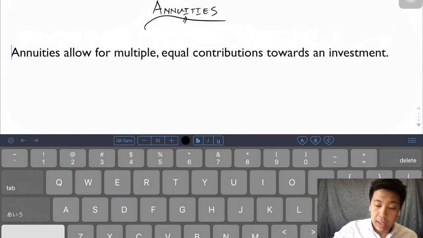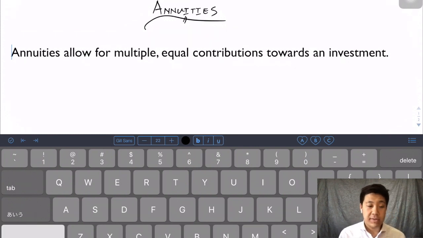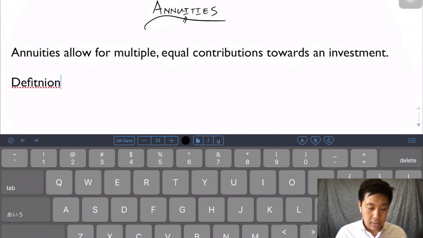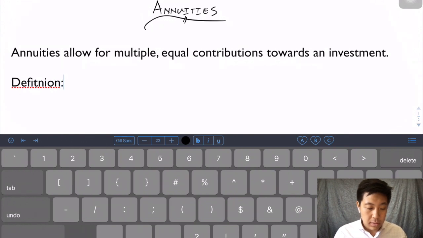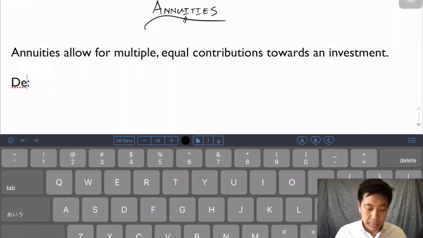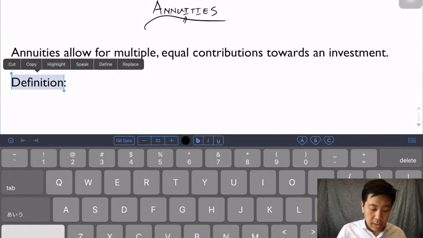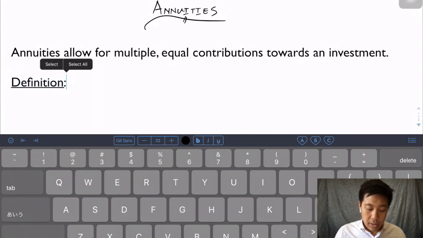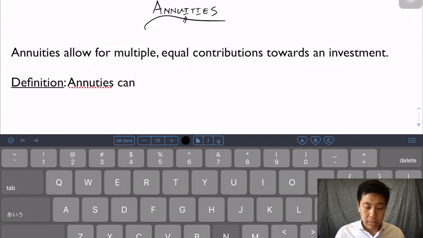Okay, and there are two annuities that we have to face. So we can call this a definition. And then we can say annuities can be categorized as future or present.